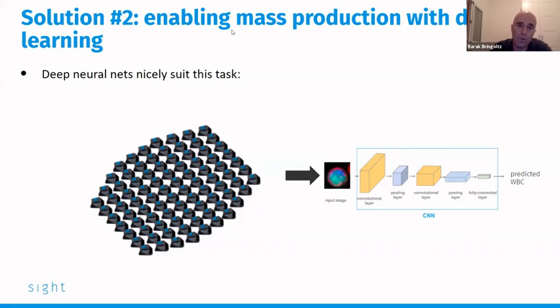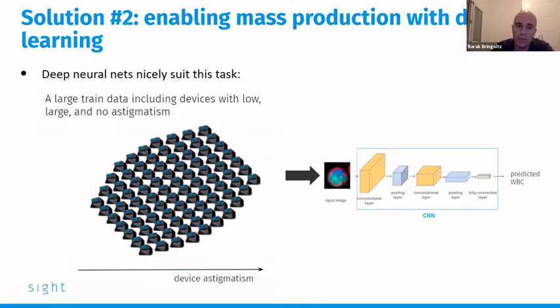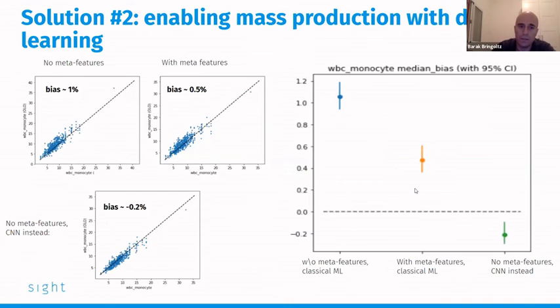But now, if we already have all these devices, we can simply try to train all of them together with a single neural net, which will perhaps choose features on its own that are, for example, insensitive to astigmatism. To be able to do that, you need your train set to be varied enough to have high astigmatism devices and low astigmatism devices, and train the network. And indeed, this is what we did. So these are the results.